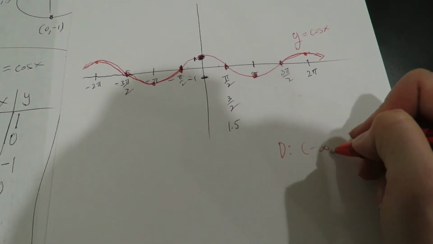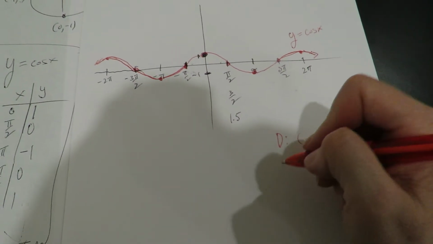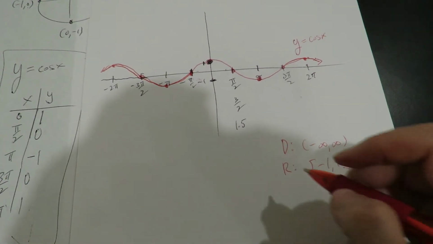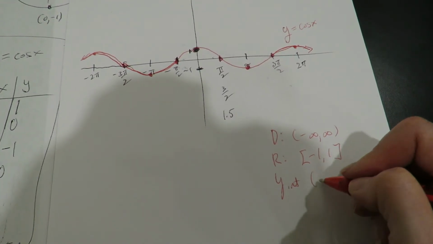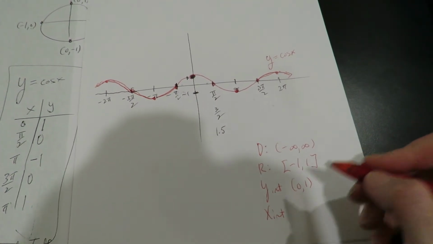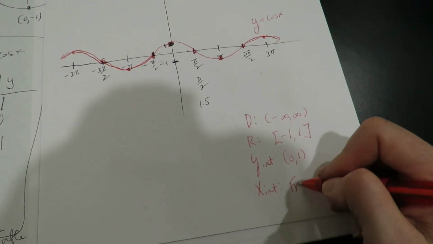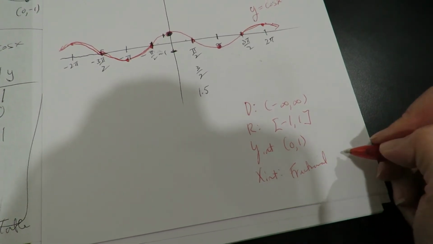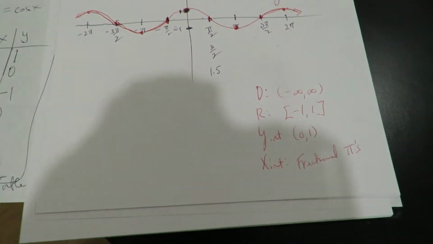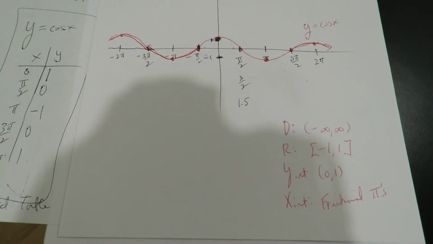The domain of this is -infinity to infinity. The range is going to fall between -1 and 1. The y-intercept is at 0, 1, and the x-intercepts are at all the fractional pi's, and there's an infinite amount of them.